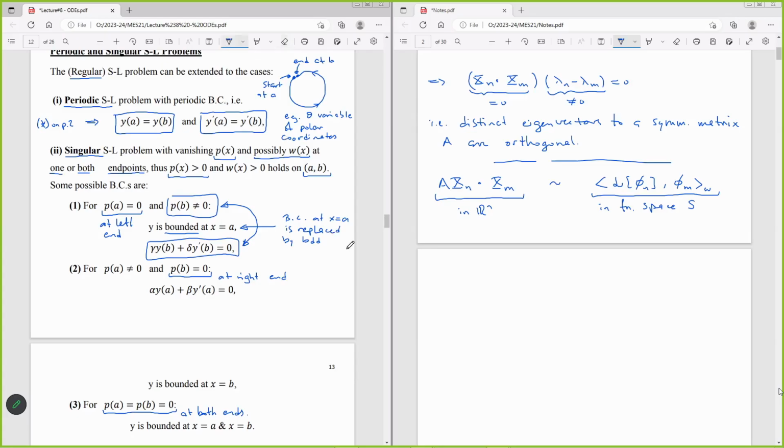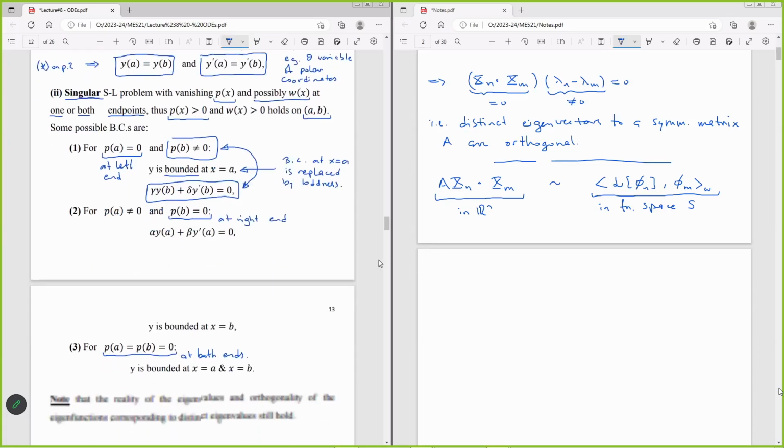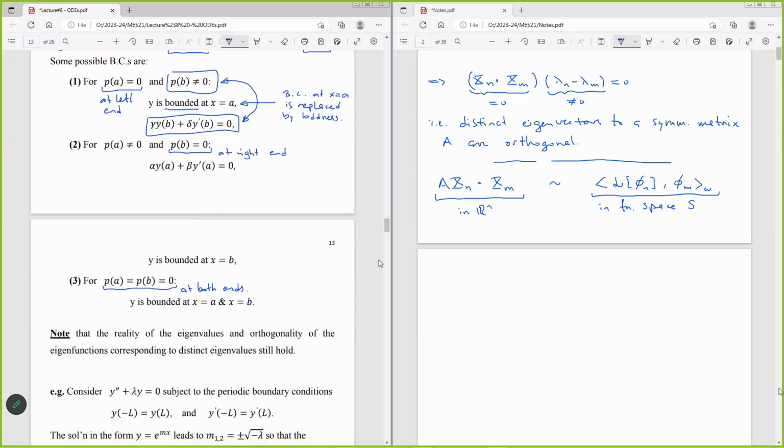And this is very, very important, by the way, because it's the center, the most important part of this. Here, observe that at A, you have no vanishing coefficient, so it is regular.